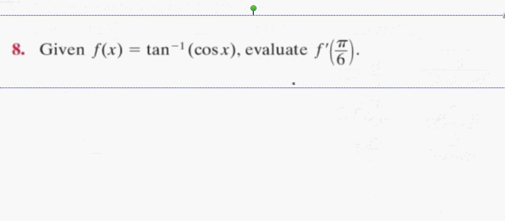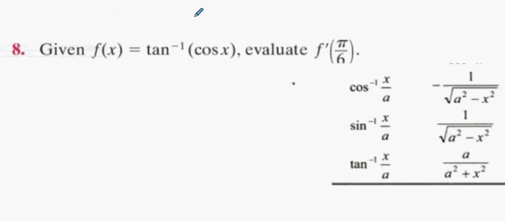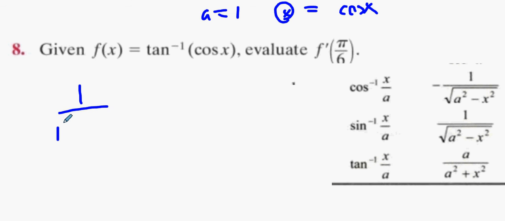So, this one. What do you reckon? Give it a go. Go on. So, my general way is a equals 1. What used to be x is now cos x instead. So I'm going to go for tan. It's going to be 1 over 1 squared plus cos x squared.